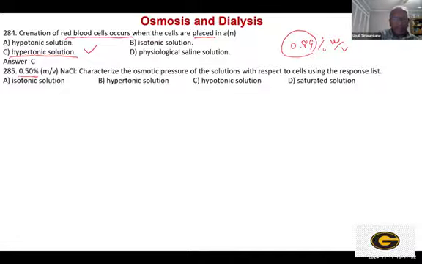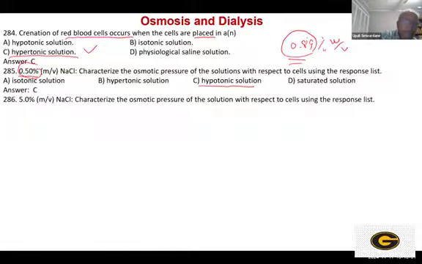Therefore, this has to be, when cells are in saline solution, this solution is hypertonic. 0.5 is less than 0.89. C is the correct answer.